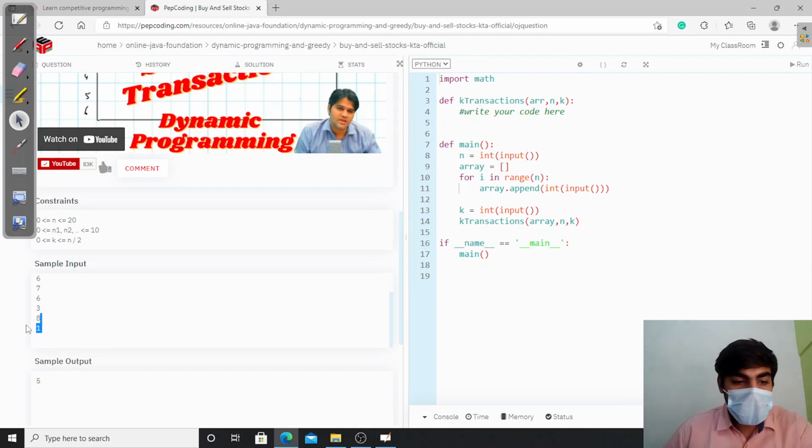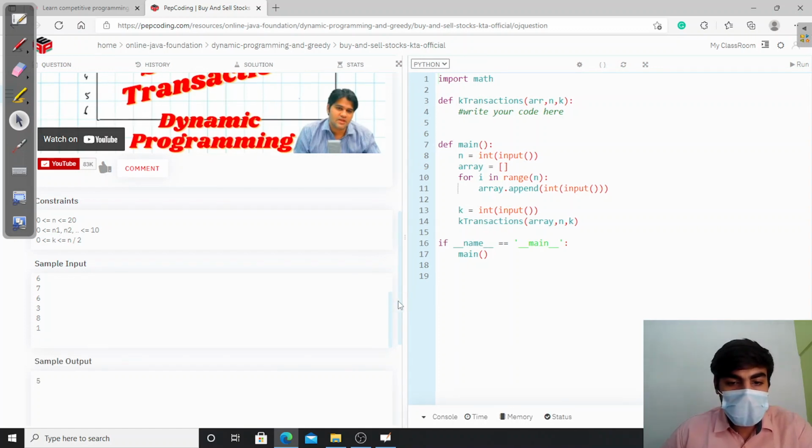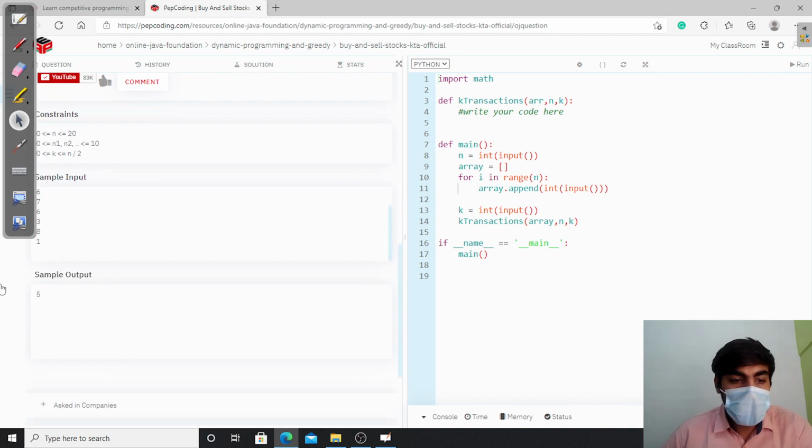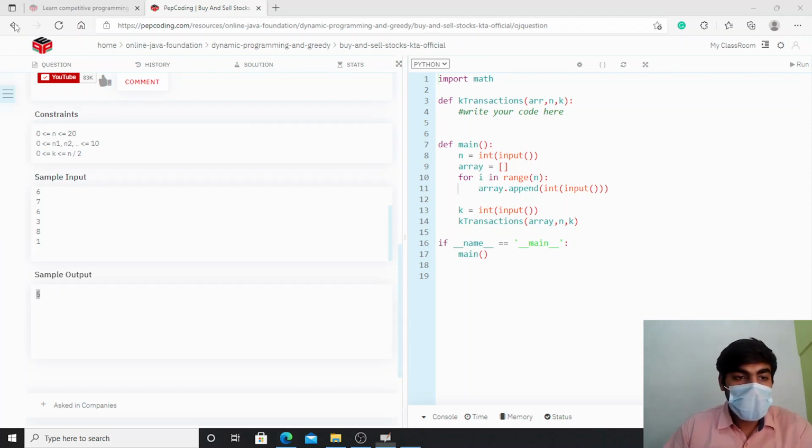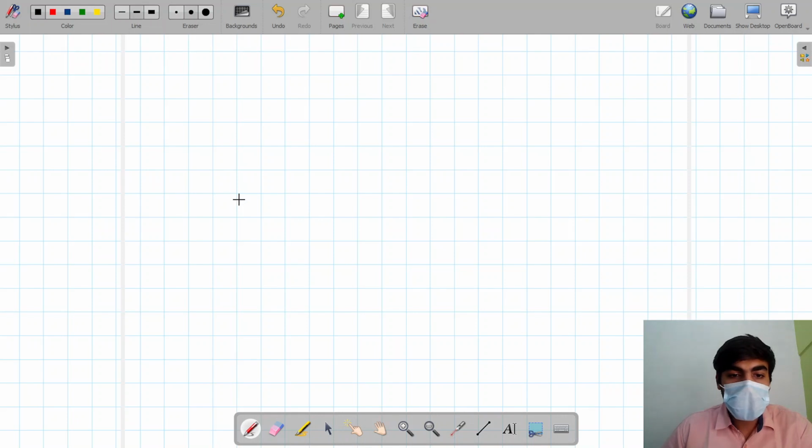At the last we have 1, which is the number of transactions we have to do, and find out the maximum profit. At the end we have the sample output, which is the maximum profit we get by doing one transaction. So let's move to our whiteboard and discuss our approach.